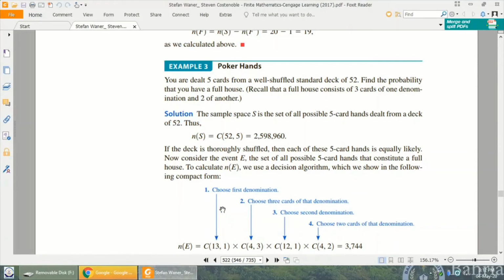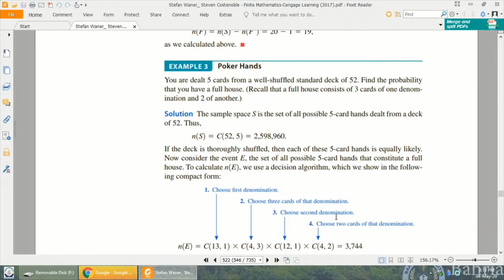The concept is that the first time we take out a card, we are given 13 denominations, and out of those 13 denominations, we have clubs, spades, hearts, and diamonds, and out of those 4, 3 cards we can have of that particular denomination of our choosing. Since we want 3 cards, we can have that out of the 4 possibilities for the same number.